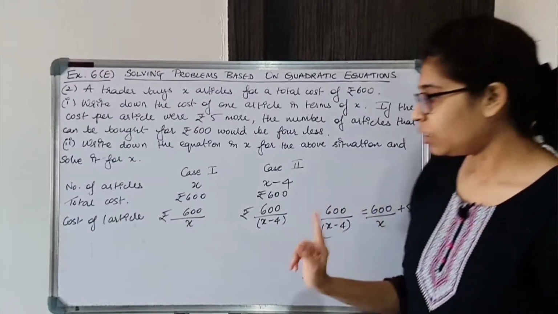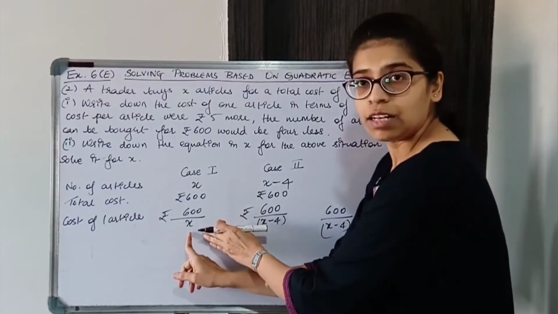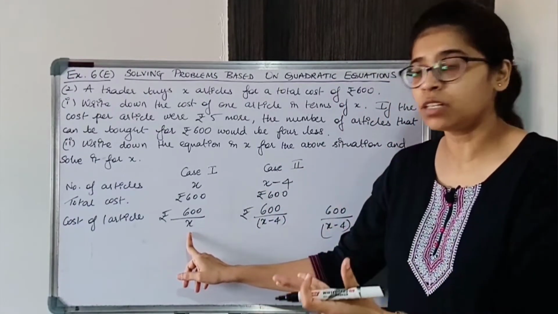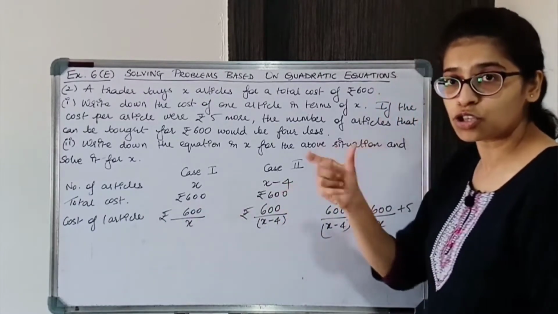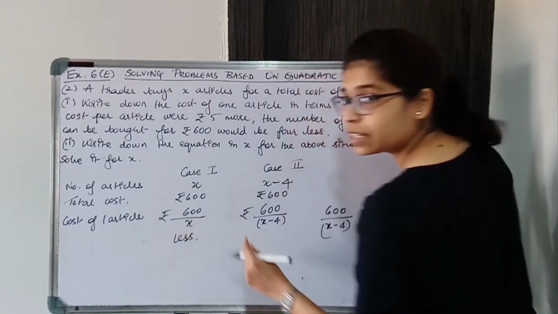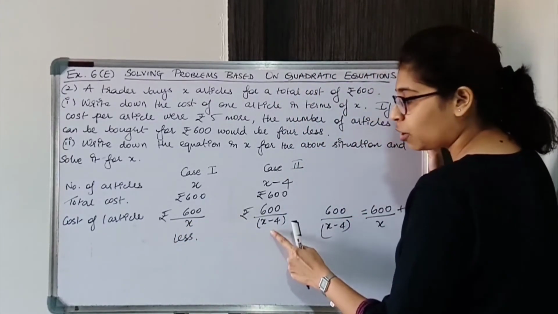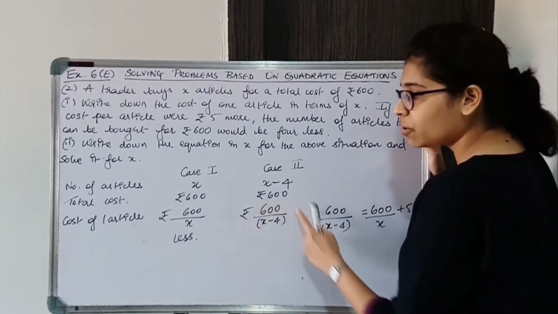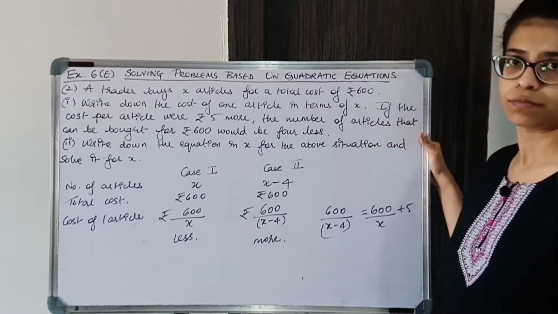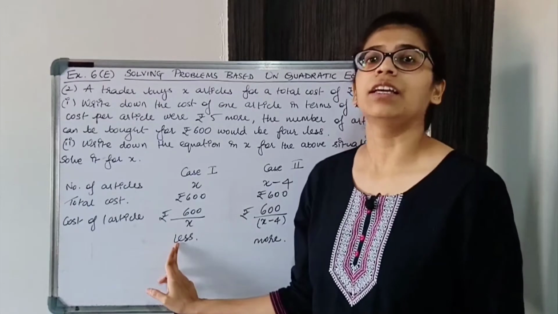Now, we know that when the denominator is more, we'll get less answer over here, क्योंकि हम लोग बड़े नंबर से डिवाइड कर रहे हैं. When you divide by bigger number, you will get a smaller answer. Quotient will be smaller. Okay, so cost will be less over here because denominator is more. Inverse relation है. So यहाँ पे the denominator is less, so the costing of one article will be more. Okay, so here the costing is more, here the costing is less.